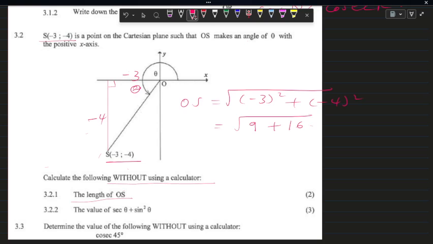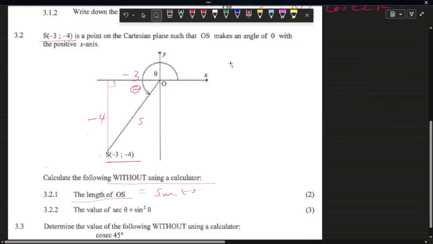We will have 9 plus 16, which is 25, and the square root of 25 is 5. So OS is equal to 5 units. This is the length of OS.